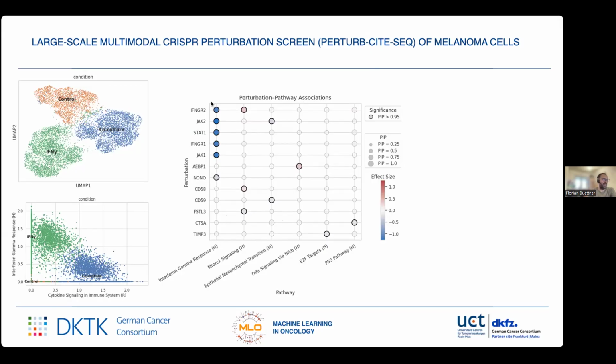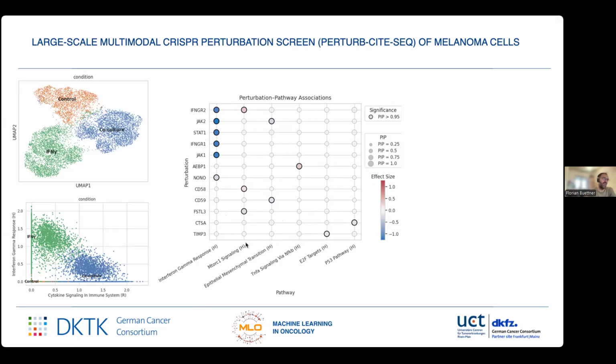So we now can check which perturbation regulates which pathway. And what you can see here is that the interferon gamma response pathway is, for example, strongly regulated by these perturbations. So if I have knockouts in these genes, then these will strongly downregulate interferon gamma response, which of course makes sense if you look at interferon gamma receptor 1 and 2, for example, JAK STAT signaling and so on.